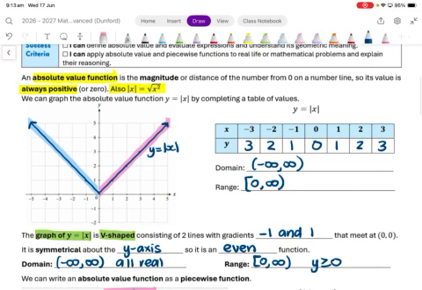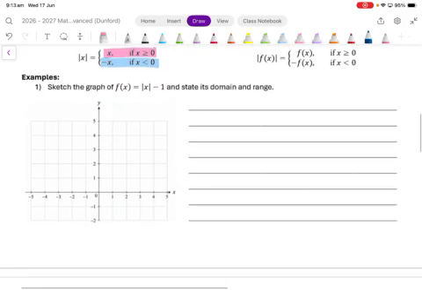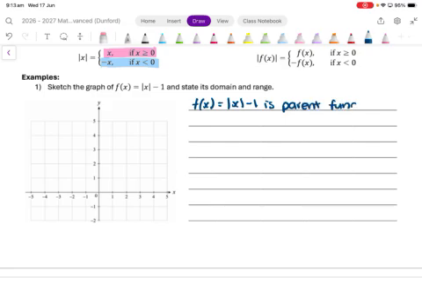What we have when we minus 1 from that function is that f(x) equals the absolute value of x minus 1 is our parent function y equals the absolute value of x, or f(x) equals the absolute value of x, and it is just translated 1 unit down.